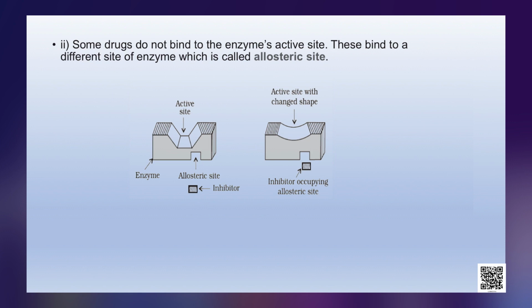As you can see in the picture, the drug gets attached to the enzyme at a different place and not at the active site. So, the shape of the active site changes and the substrate does not fit into the active site, and in this way the working of the enzyme will be inhibited.